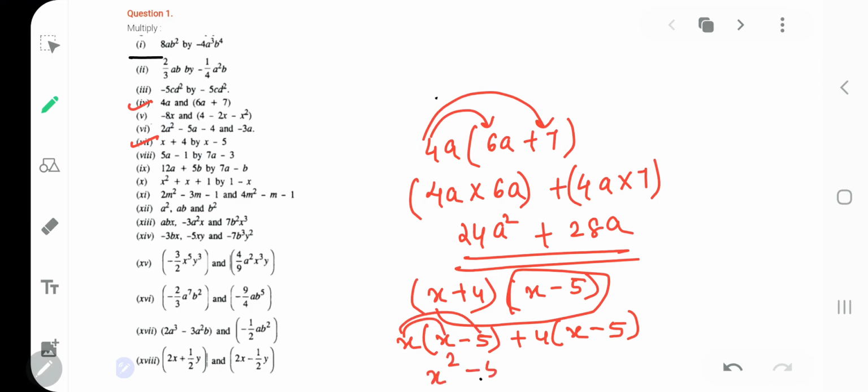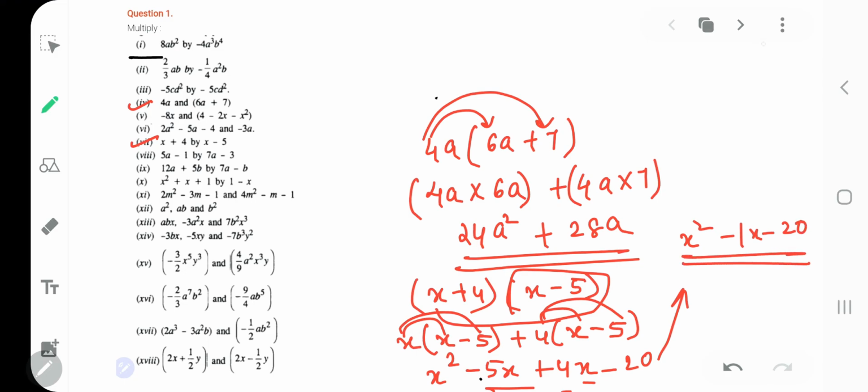Minus 5 into x, that will be minus 5x. Plus 4 into x, that will be 4x. Plus 4 into minus 5, that will be minus 20. You have to be very considerate about the signs used in the expression. So it will be x square minus 5x plus 4x, that will be minus 1x, minus 20. That's your answer.